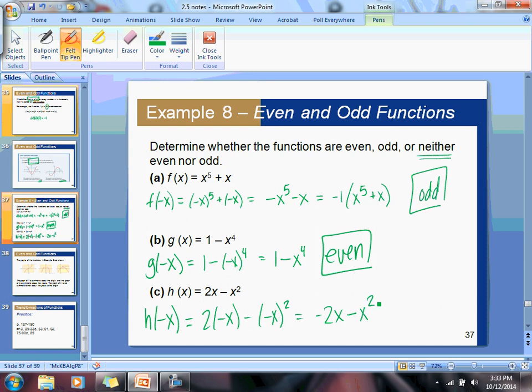And I almost have my original function back again, except I have that negative out in front of the 2. And even if I took a negative 1 out, I'd have 2x plus x squared. So that's still not my original function. So this is going to be a neither scenario. That function's not going to be even or odd. It's just a function.